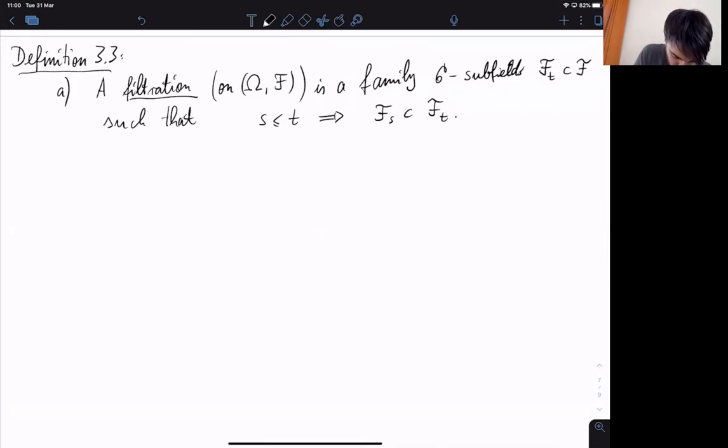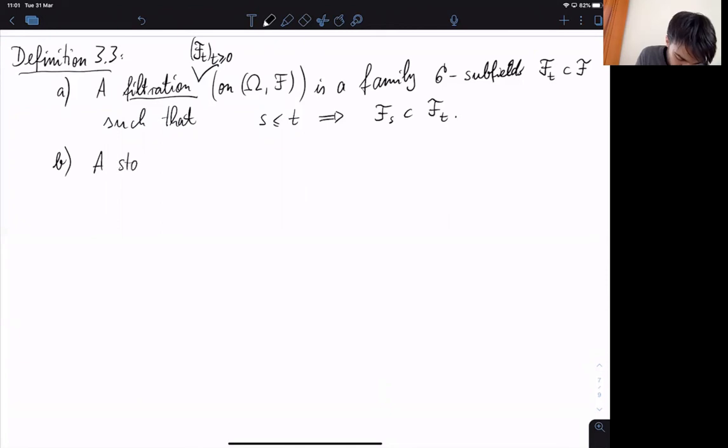Maybe I should have put in the F_t here, so the t is now a positive real number. I guess you know from probability theory that the sigma subfield gives you some kind of information. So in some sense, filtration means that with time you gain more and more information about the object you're analyzing, or in particular about the stochastic process.